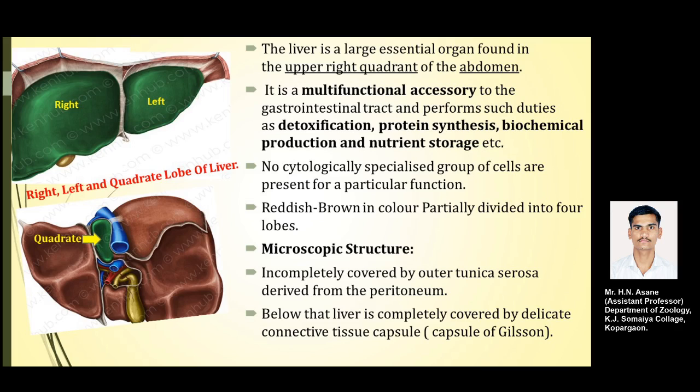Okay, so the hepatic lobules, that means the lobes of the liver. The hepatic cells are arranged into minute irregular portions, polyhedral blocks called the liver lobules, or the hepatic lobules.